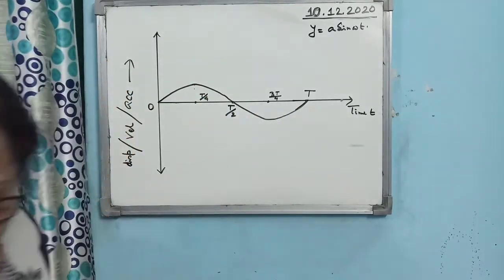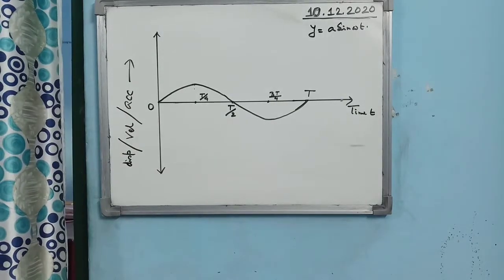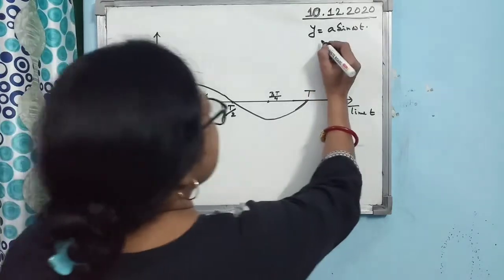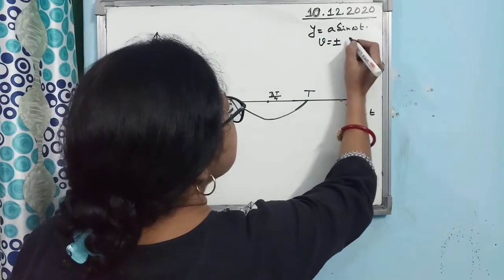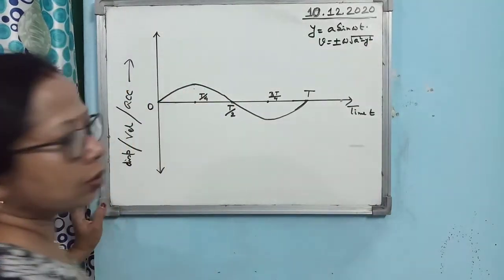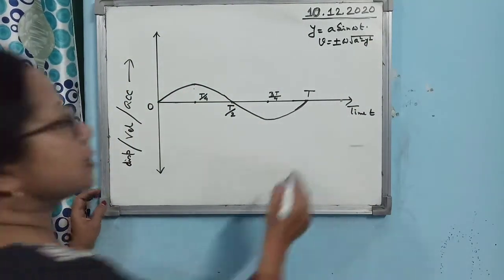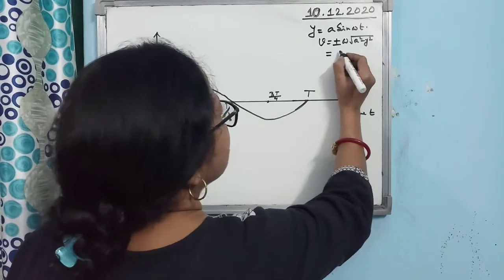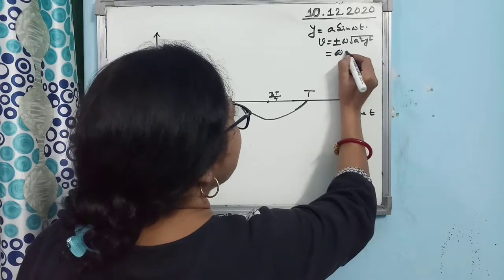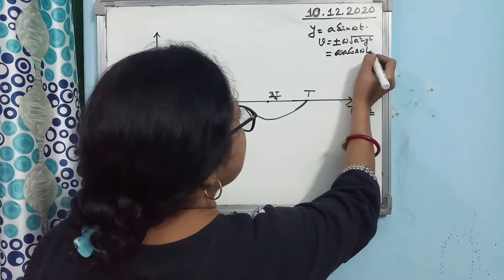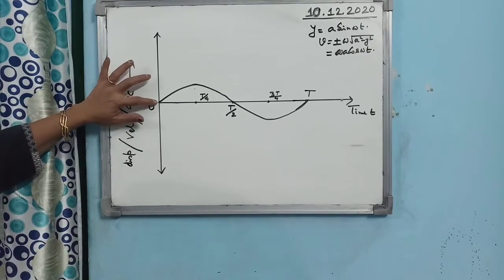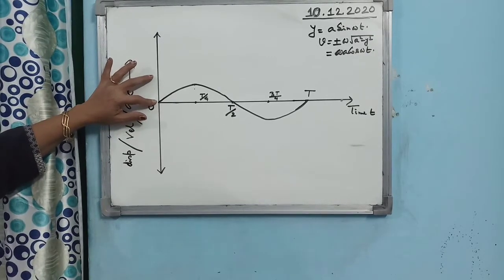Then what will be the graph for the velocity? Now you know that velocity is equal to plus minus omega into under root a square minus y square, or you may consider v is equal to omega a cos omega t. Is that clear? What does it mean? At the mean position, when displacement is 0, velocity is maximum.